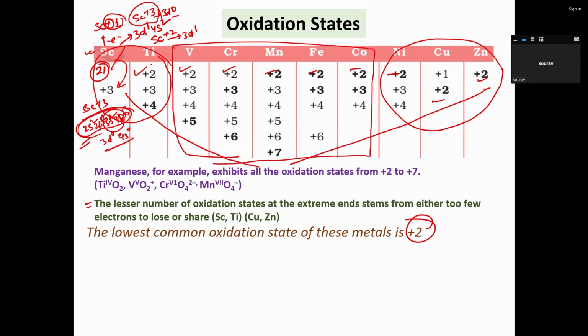But the middle portions will have a larger number of oxidation states. For titanium, it will have plus 2, plus 3, plus 4. When we go to vanadium, which is 23, it will have plus 2, plus 3, plus 4, plus 5. For 24, one electron more, the oxidation state is plus 6. For 25, it goes to the 7 electron oxidation.